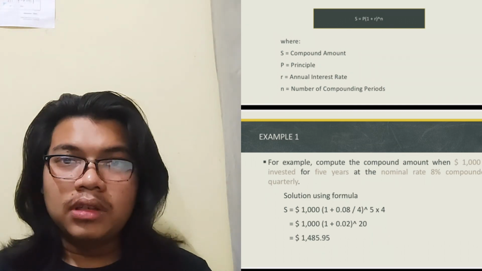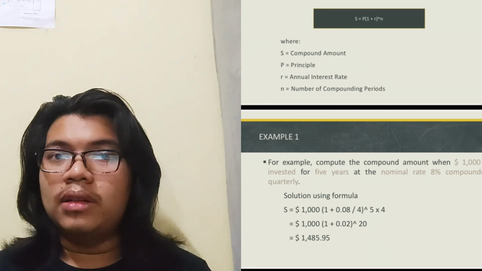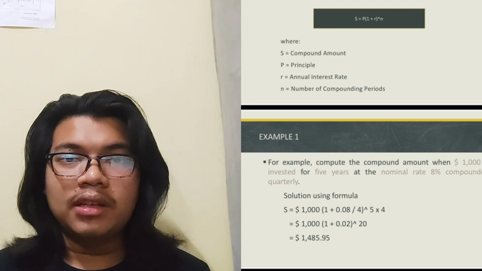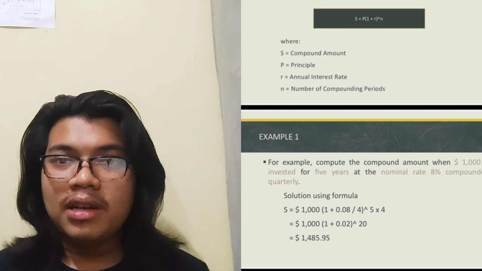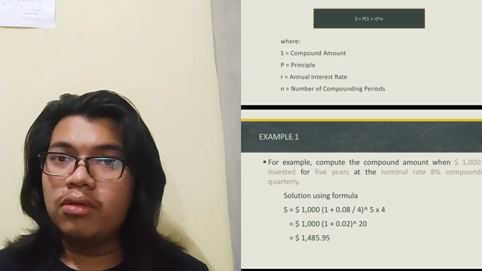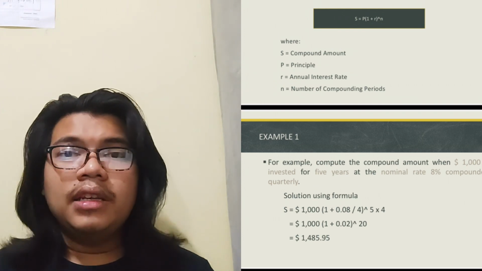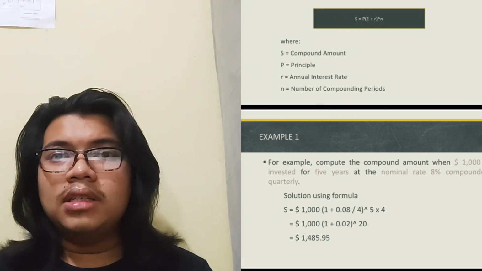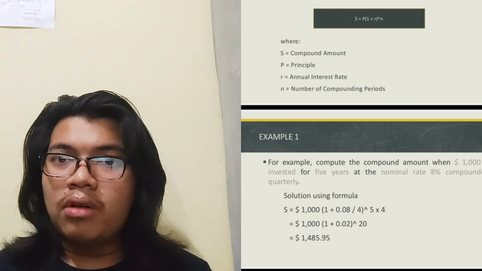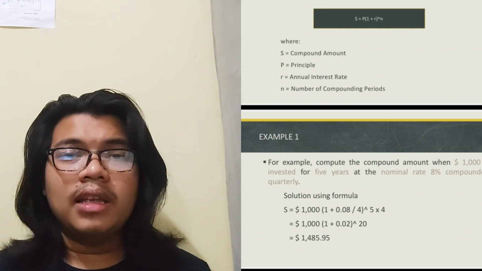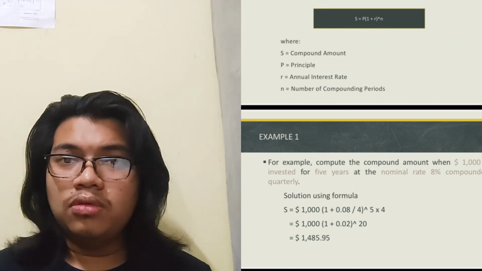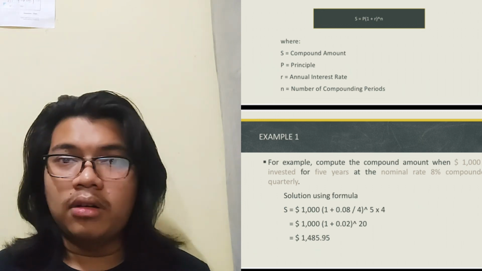Based on this slide, the example for compound interest is we will compute the compound amount when $1,000 was invested for 5 years at the nominal rate of 8% compounded quarterly. In this situation, because the question states that the rate is compounded quarterly, there is an adjustment we need to do before we can calculate the compound amount.